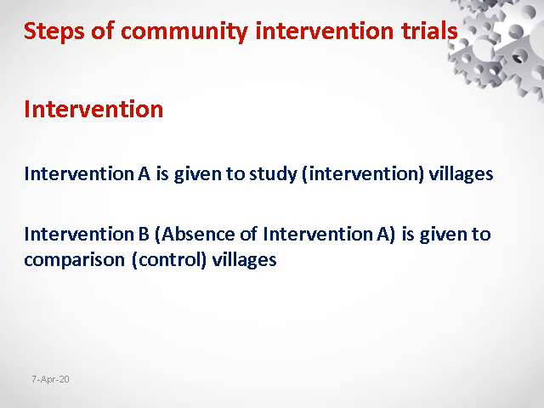In the other villages, there is no intensified fogging activity, just following the government guideline. Intervention A is given to study or intervention villages. Intervention B, or absence of intervention A, no fogging, is given to comparison or control villages.